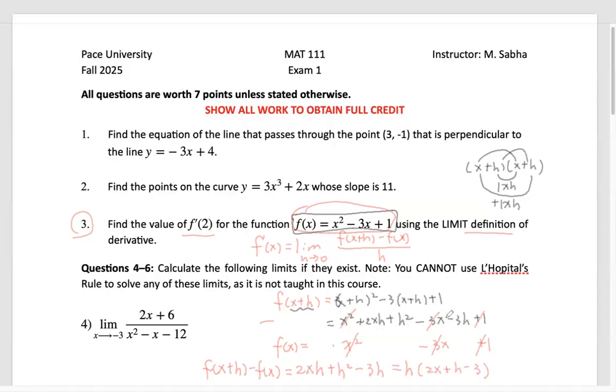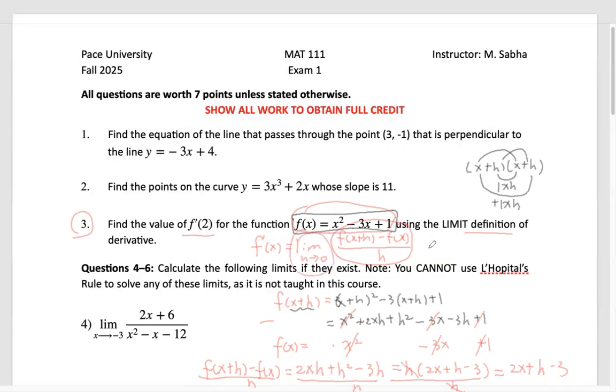Then lastly, we need to divide by h in the formula right here. So we need to divide by h. You see these two canceled. So we're left with 2x plus h minus 3. Then we take a limit of that, right? Because we have this limit part.